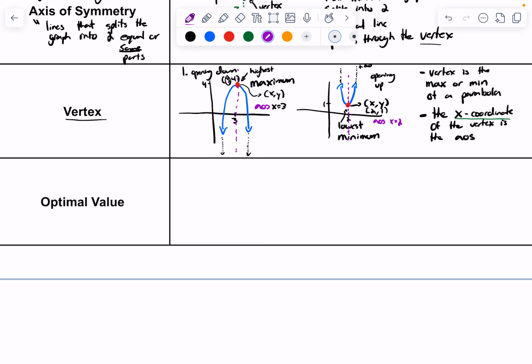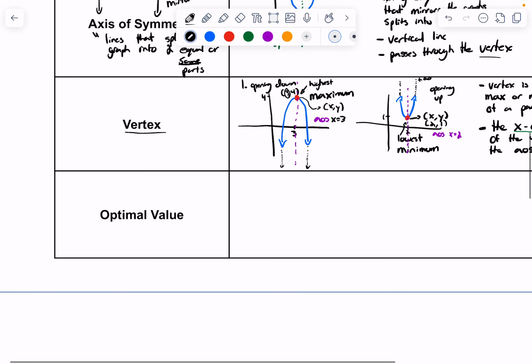Okay, so the optimal value, because we're going to get into a lot of word problems, and they're going to be talking about optimize this, give me the max profit, the highest point that the ball reaches. It's going to be like a throwing problem, a projectile problem. Well, this optimal value ties into the vertex.